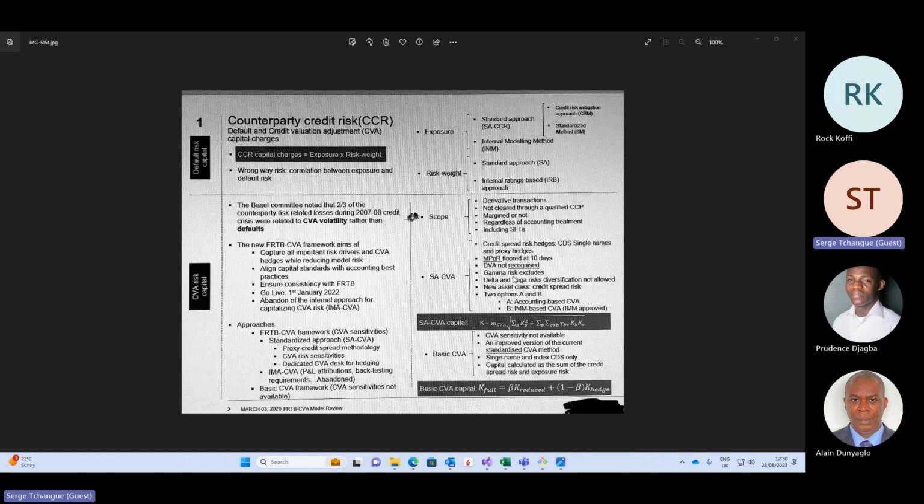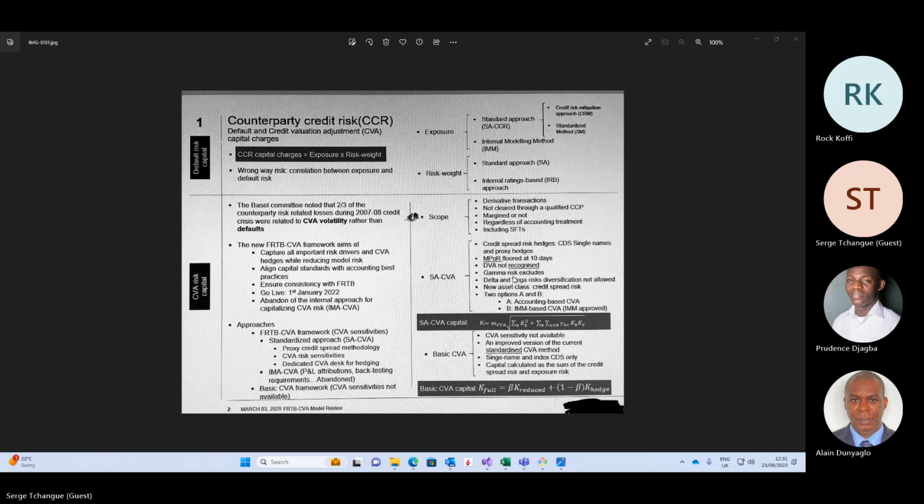And margin calls are a two-way street. If the exposure goes up, say the exposure is 100 million and you're not happy to go over that, and it goes up to 110 million, you call for 10 million.